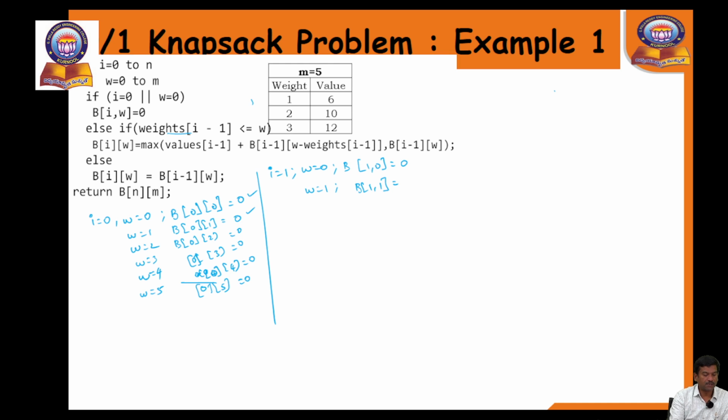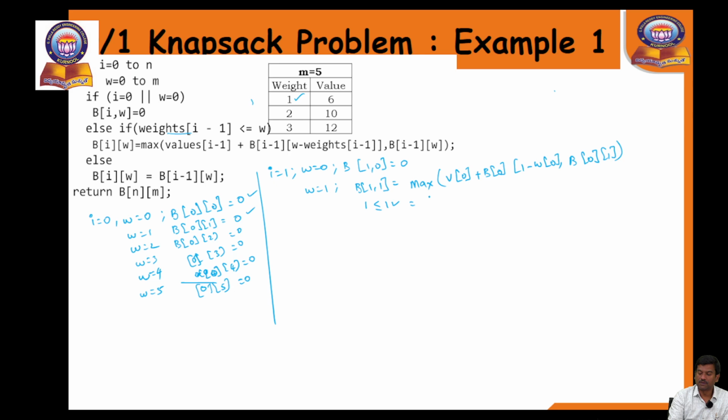So here in this case, what about the value of w of 0? I'm sorry, w of 0, that is weight of 0, that is 1, is less than or equal to 1. It is the true condition. So if it is a true condition, then you'll be finding the maximum, that is maximum of value of 0 plus b of 0 of 1 minus w of 0 comma b of 0 1.